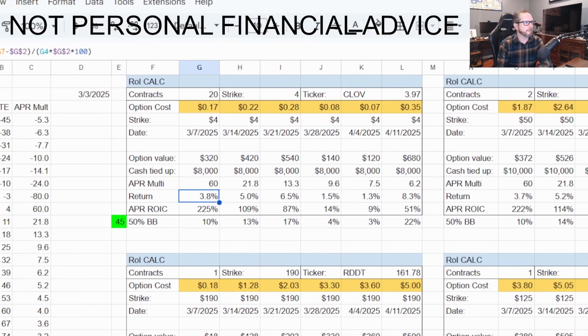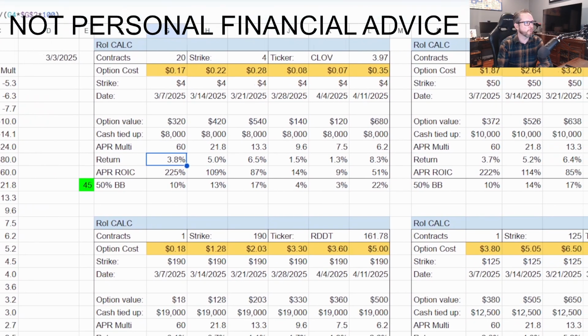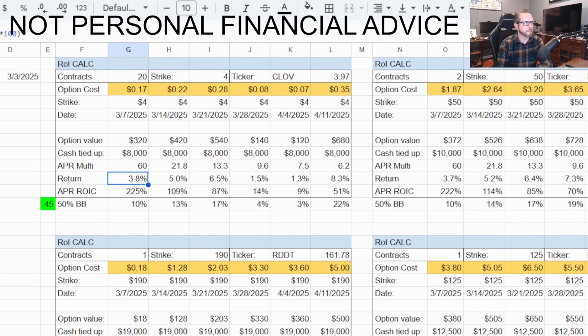And you can check the math, it's all over there in the formula bar, and you can click on it later if you want. But that's in a 5-day period. It's Monday, so we're 5 days to expiration. If you were to look at the APR, the annualized rate, it's actually a 225% return on your money. All of a sudden, that weekly option sounds a whole lot better, right?